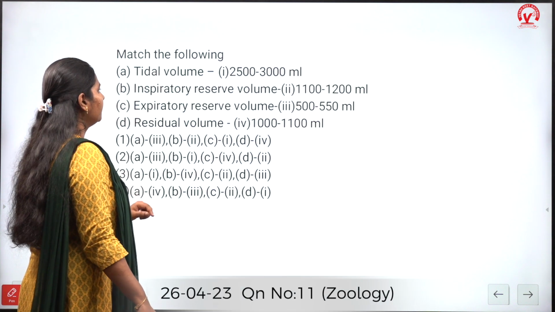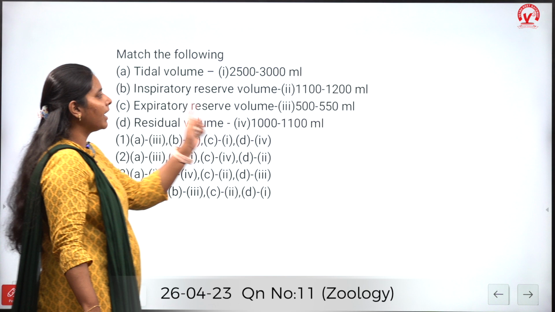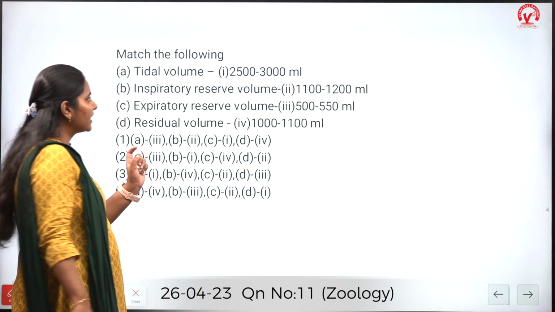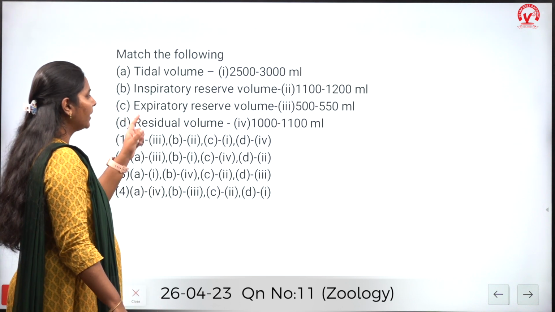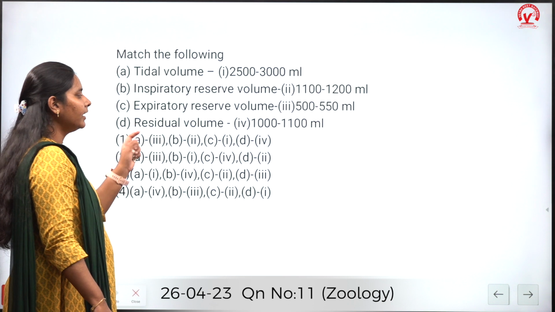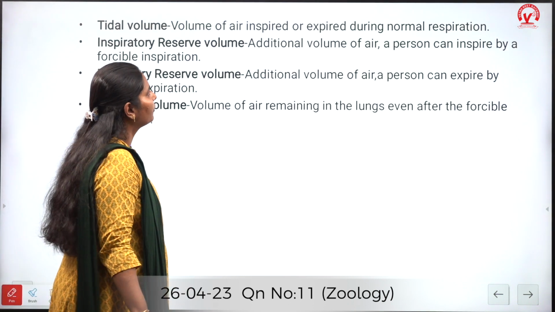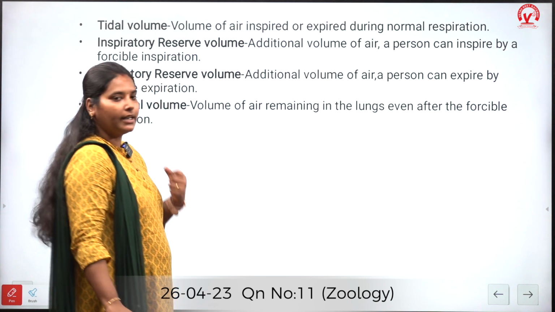Match the following. First they have given some of the respiratory volumes. We need to match them with their correct values. The options given are tidal volume, inspiratory reserve volume, expiratory reserve volume and residual volume. First, tidal volume means the volume of air inspired or expired during normal respiration.